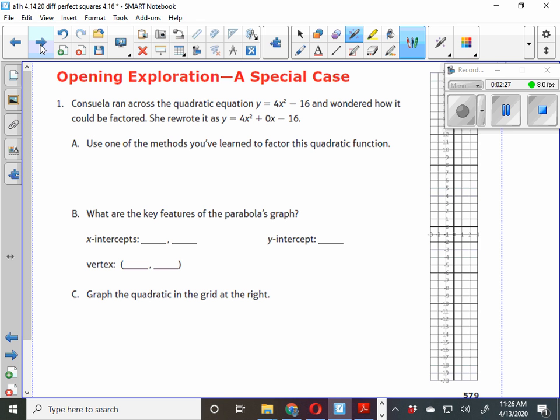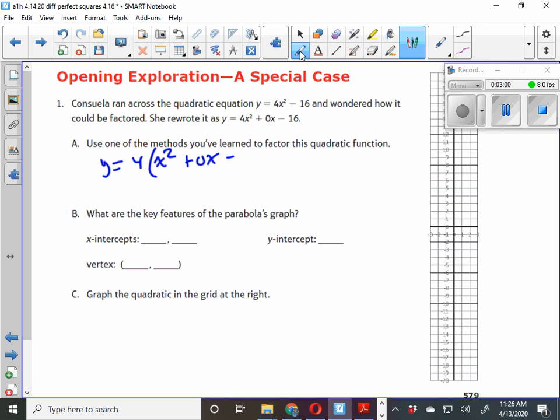Consuelo ran across the quadratic equation 4x squared minus 16 and wondered how it could be factored. She wrote it this way. It says use one of our methods, so I would go ahead and factor out the 4. y equals 4 times x squared plus 0x if you want, minus 4.